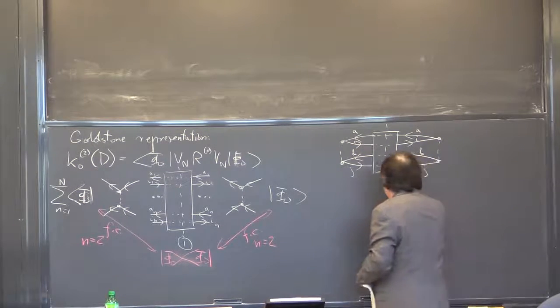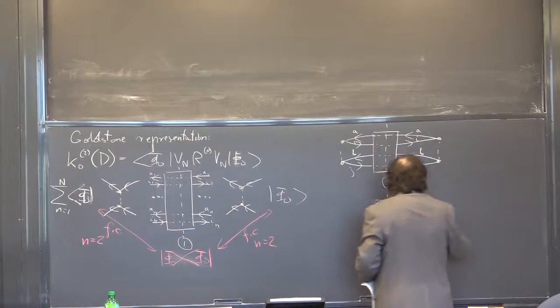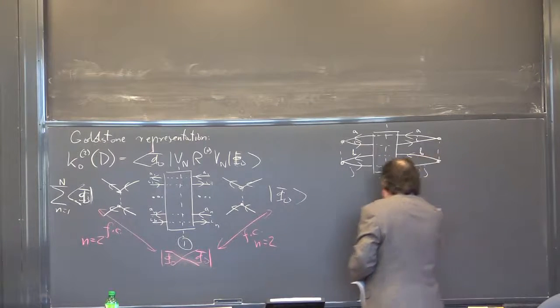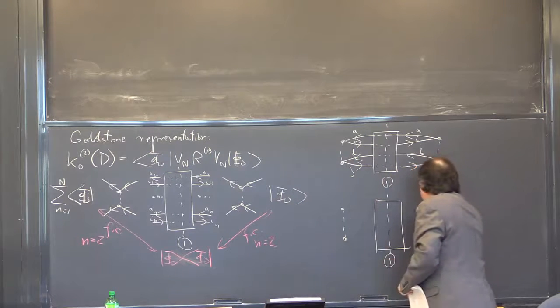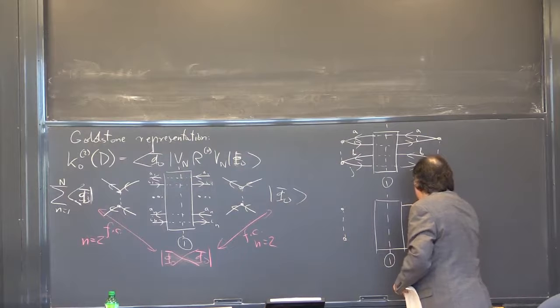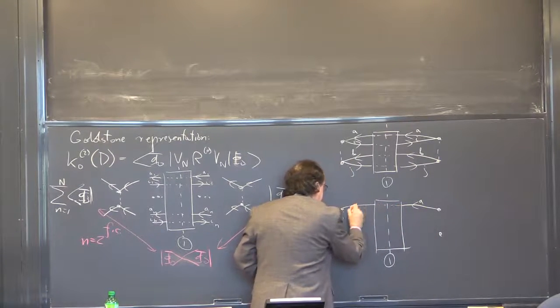And then the other diagram that you would obtain would look as follows. I would start with A going here, then you pass it through. You end up here.